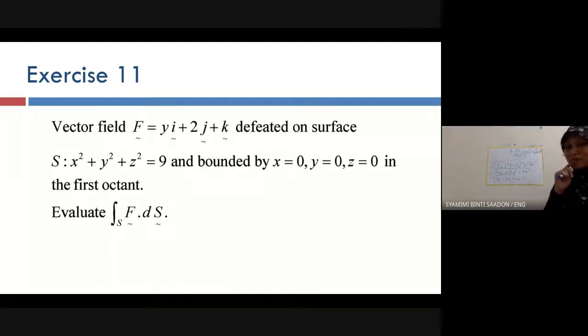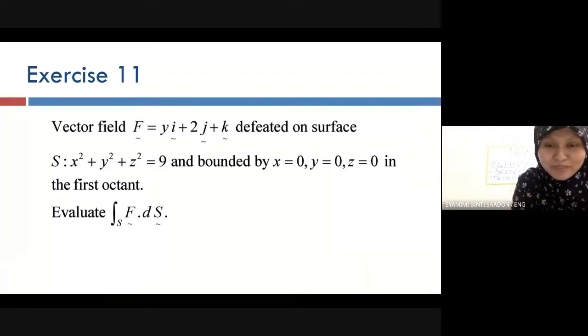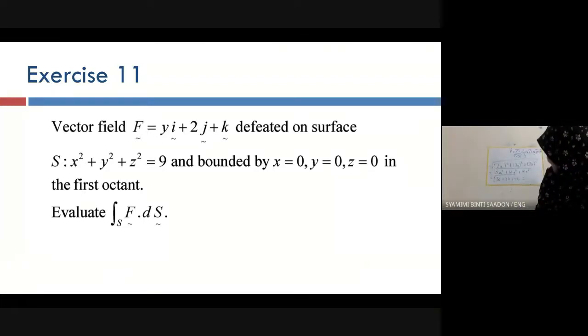Doctor, x, y, and z are given, Doctor. The values of x, y, z. Aren't they given as 0? x equals 0, y equals 0, and z equals 0 as the boundary condition.